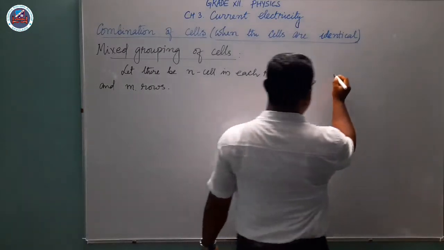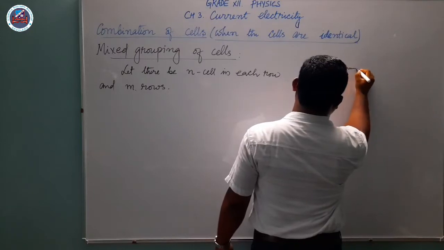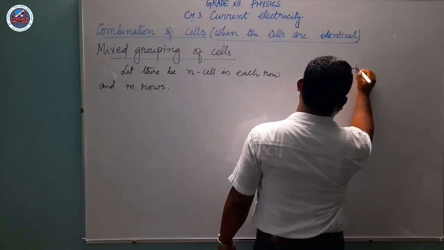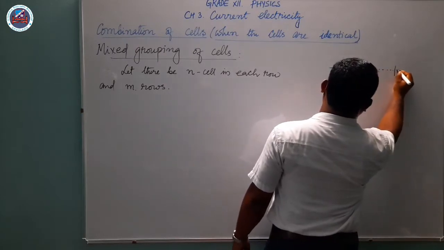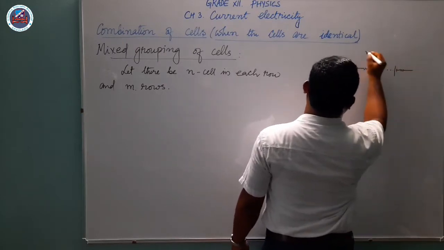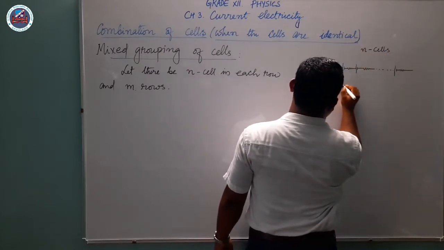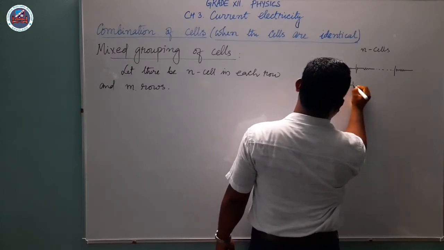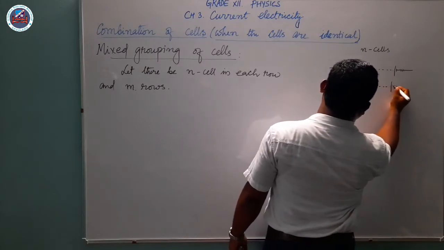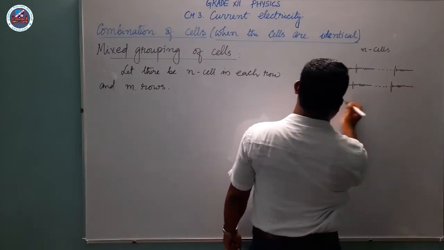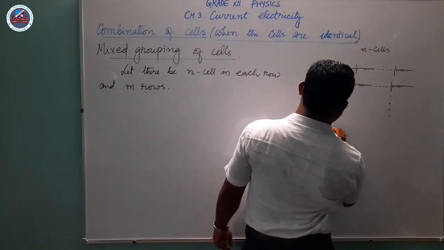Here I'll draw the figure. Suppose there are n cells like this in each row, and altogether you have m rows.